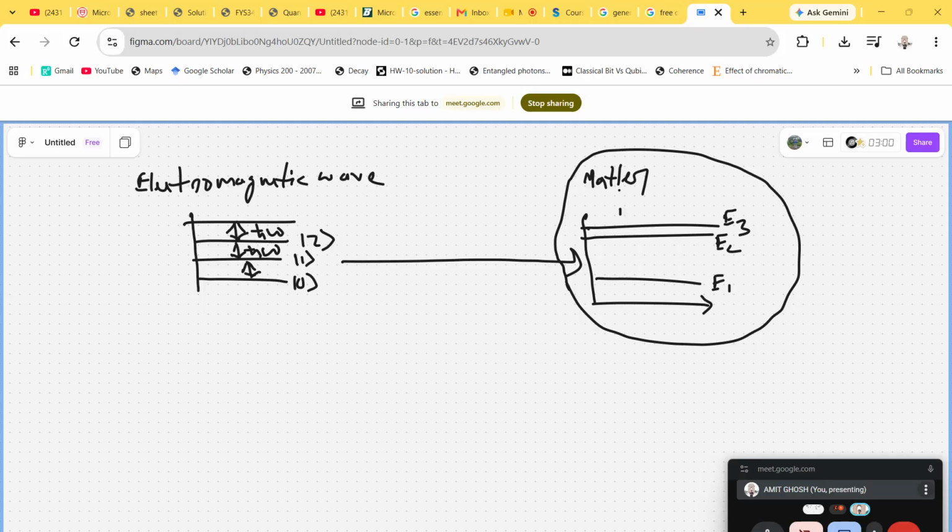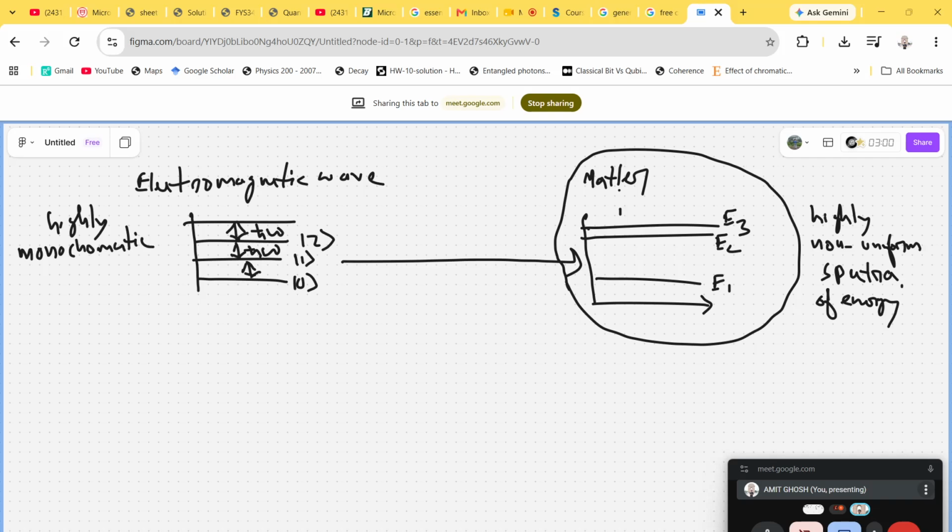Initially, whatever matter you have, it has a highly non-uniform spectra of energy, right? And it is interacting with this light. Suppose I assume my light is highly monochromatic.